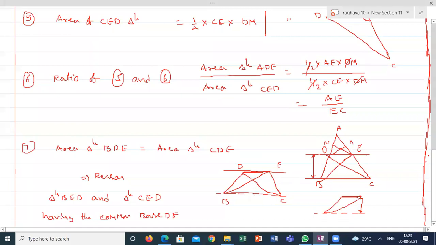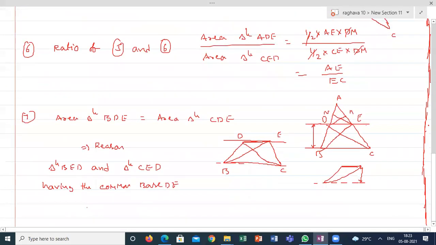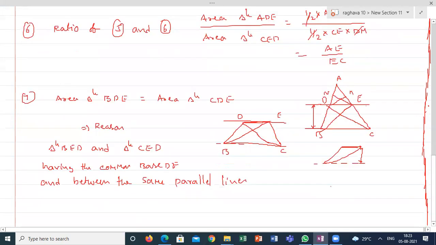Both the triangles are between the same parallel lines. That means, we know from the given data DE is parallel to BC.